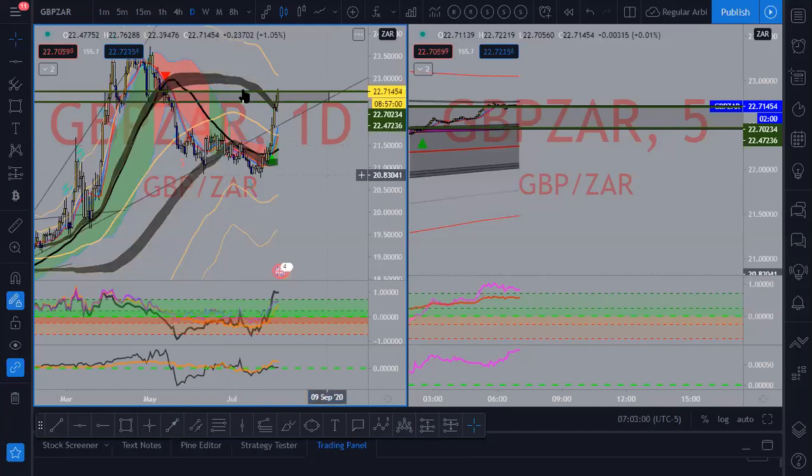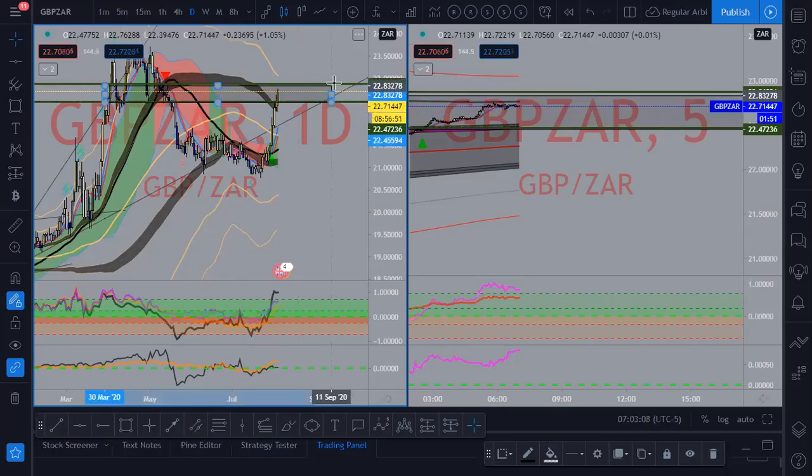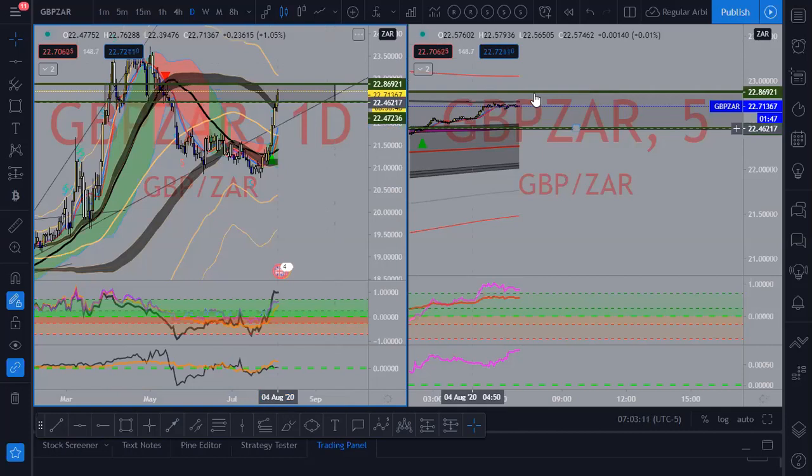you know what, let me just make this go to this wick up here. Make it more consistent. Yeah, so if it could come all the way up here to like 22 point, even 23, I would love to see it come to this bank level at 23 and then drop.